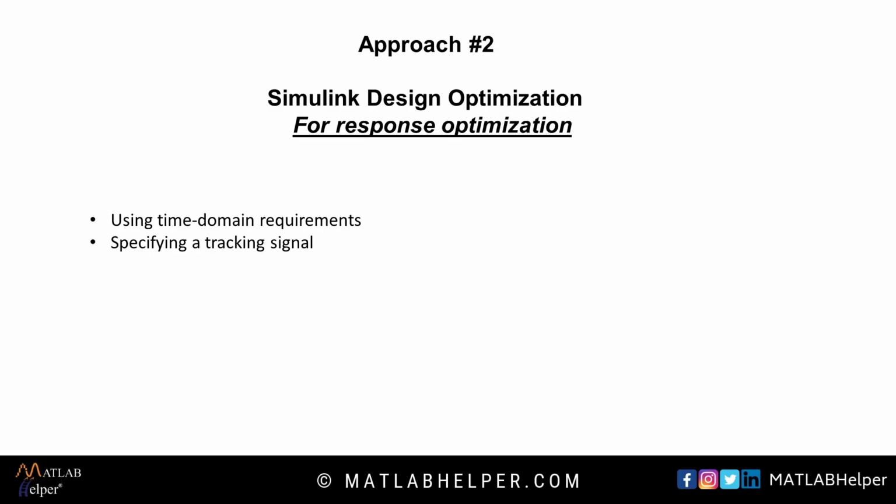Okay, previously we have seen how to use the parameter estimation app in order to estimate some parameters of a model. In this second approach, we are using another application of Simulink Design Optimization, and this is for response optimization. So depending on what you want, you could use time domain requirements, frequency domain requirements, or even specify a tracking signal.